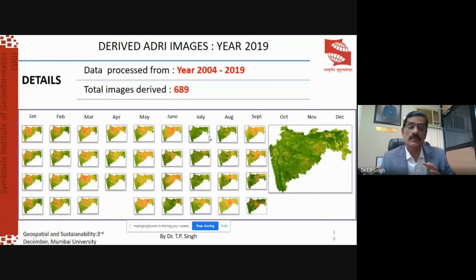This gives me information on the prevalence of drought, how it is spreading in this area, what measures we can take to reduce it, what measures we can take to support farmers there, and how the government can play a role to support the community. So these are the technology interventions.